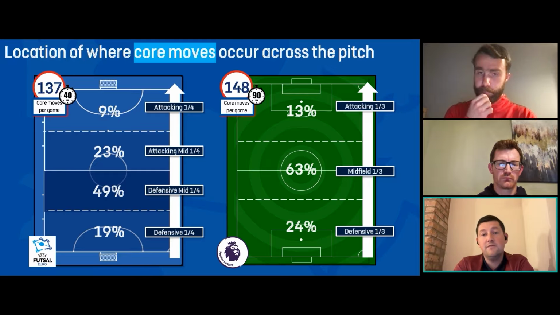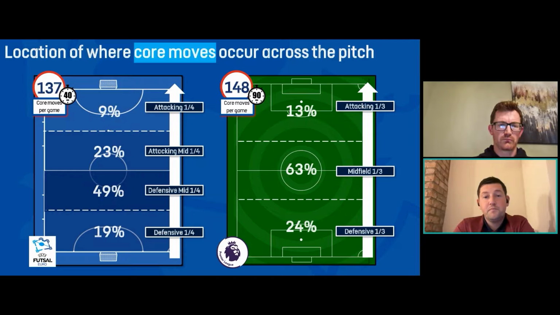What these stats definitely do show is when core moves lead to goal scoring opportunities, it's generally more in football, because you're trying to unlock some space. So you'll see, for example, a lot of football teams, Arsenal, Man City, a lot of teams now in the Premier League, where midfielders will run from a central position to the byline, to the crossing line.